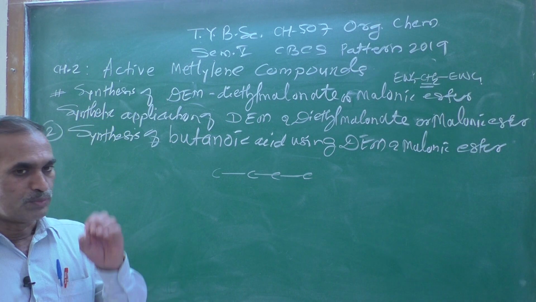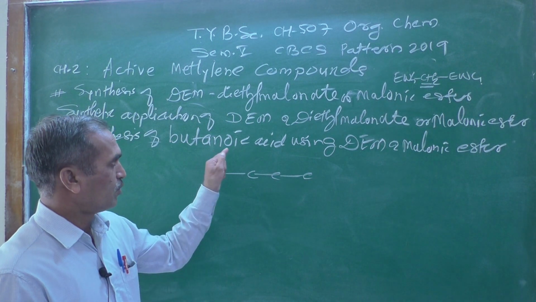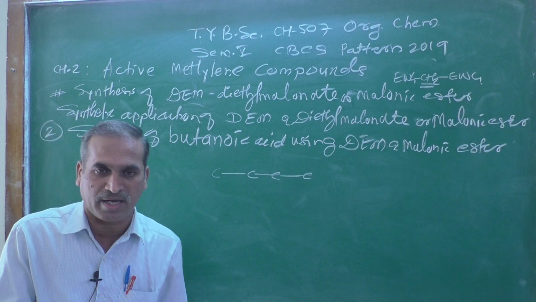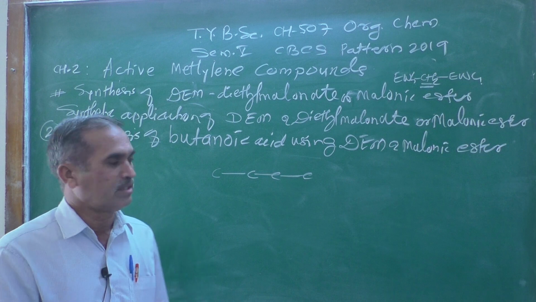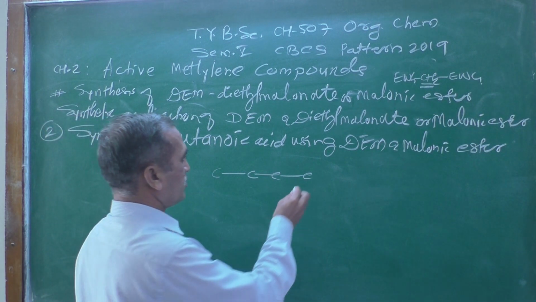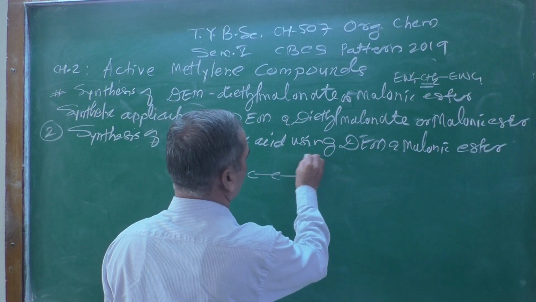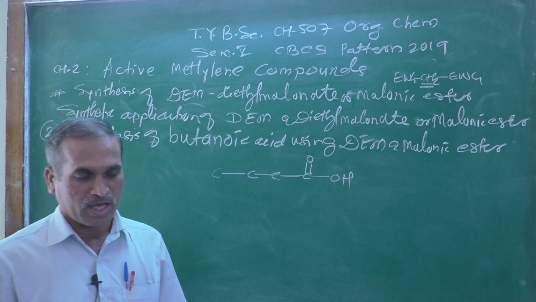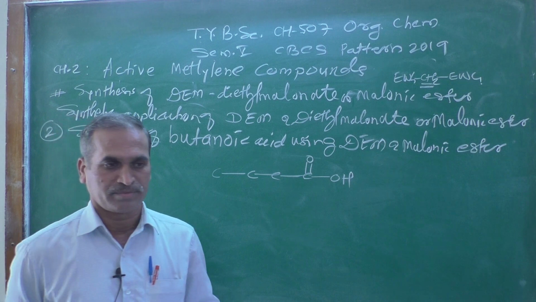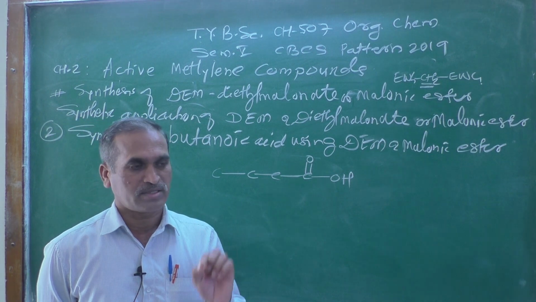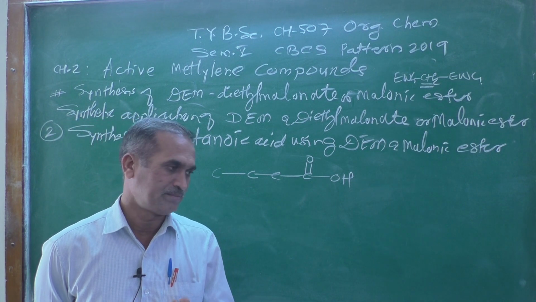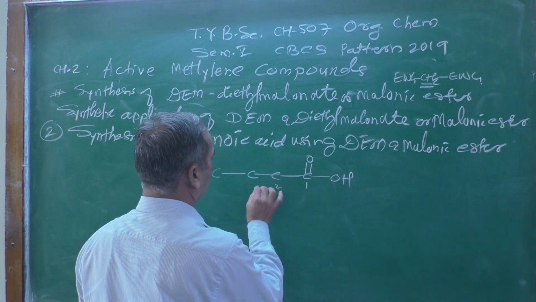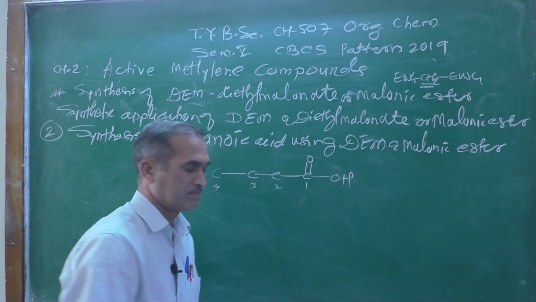Now we know that in an oic acid the carboxylic group is always present at the end of the carbon chain. So here I am showing that carboxylic group. The carboxylic group always has number 1, so you can give the numbers 1, 2, 3 and 4.